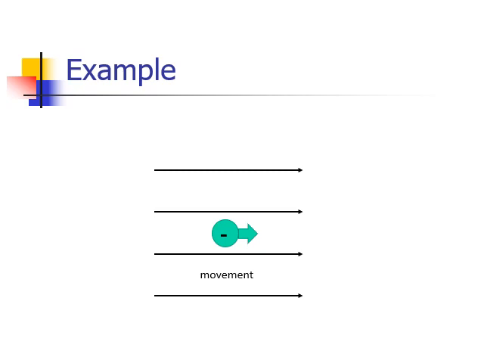So there will be no effect in this case because it's moving parallel to the field. The movement has to be at right angles or at an angle to the field for there to be a force. So in this case, nothing is going to happen.